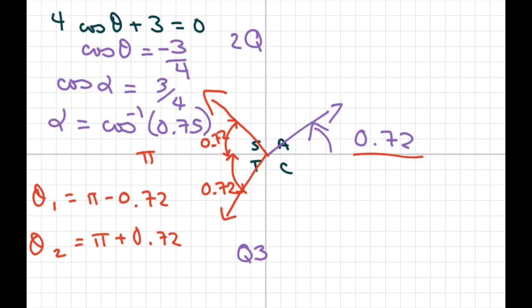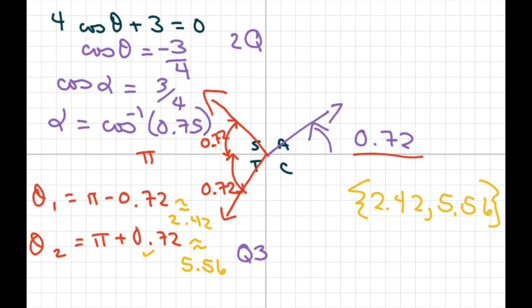And for this one you get approximately 2.42, and for this one you're going to get approximately 5.56. So your answers are 2.42 and 5.56. And that's it.